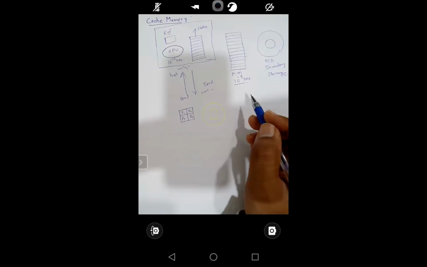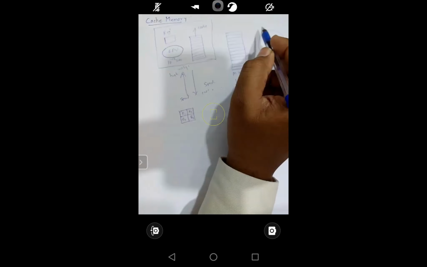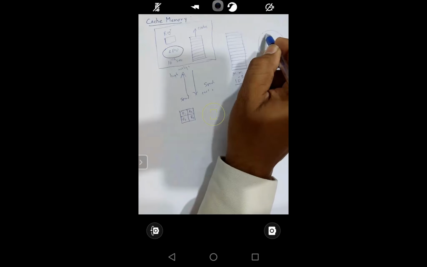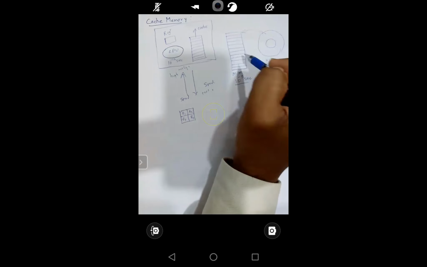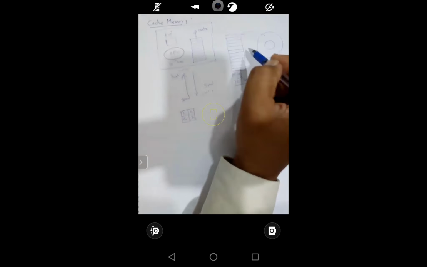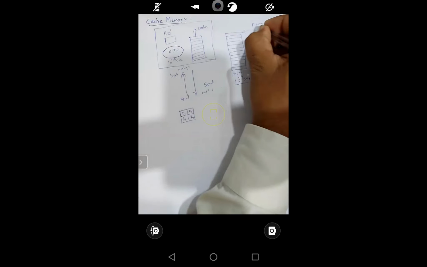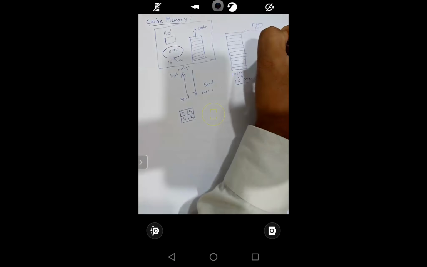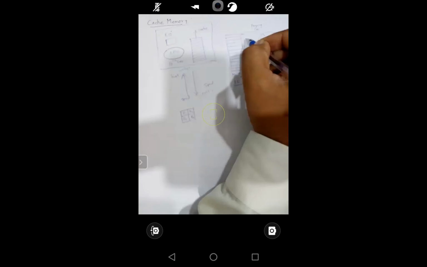Now, how is your data transmitted? We have seen the concept of how data is transferred into the main memory, into the RAM. We have seen the concepts of paging and segmentation, where the whole data is not transmitted to the main memory. We saw this concept in our last lecture. Only the required data is brought in.